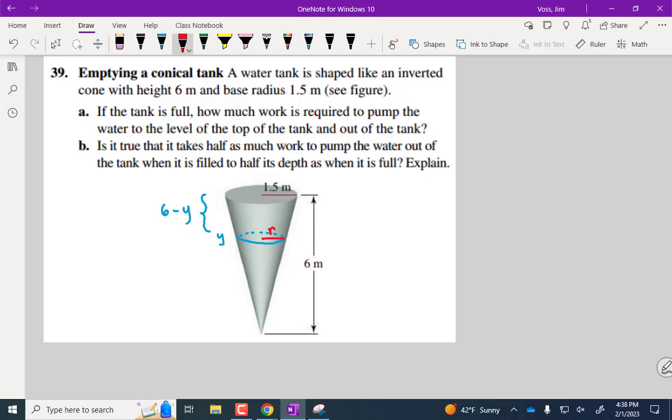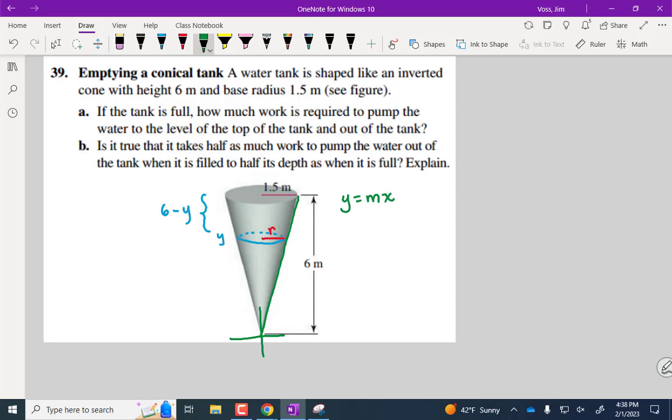Do you agree that if we think of this line right here and we think of a coordinate system right there, we could find r? That's a horizontal distance. So if we know the equation of this diagonal line and solve for x, that'll give us a horizontal distance. This line is just a line through the origin, so it's y equals mx, where m is slope.